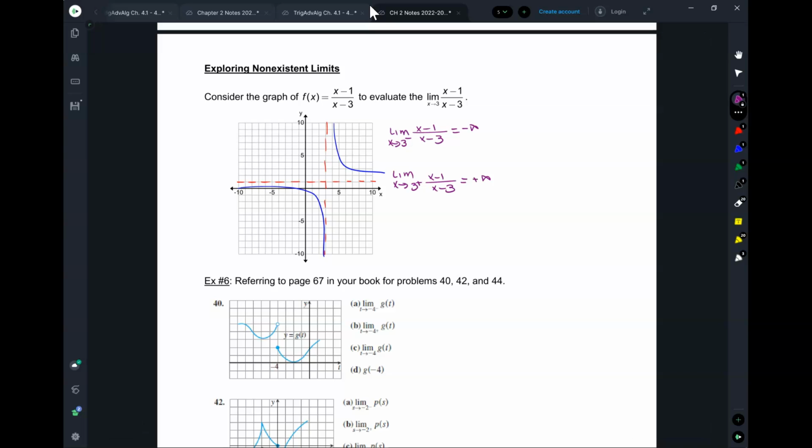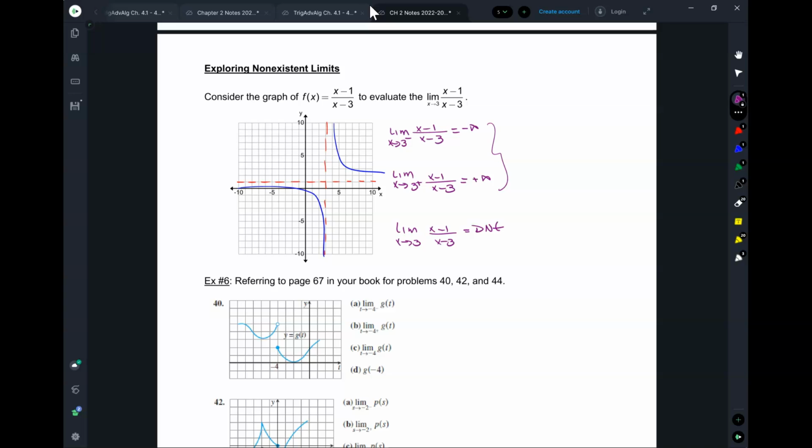Because from the left and from the right, they did not meet at the same place. They are not going to the same number. We say the limit as x approaches 3 of this is DNE, or does not exist. Because these two are not the same, the limit as x approaches 3 does not exist.